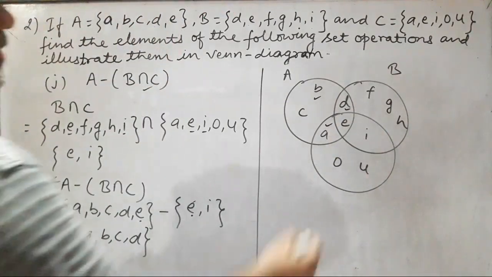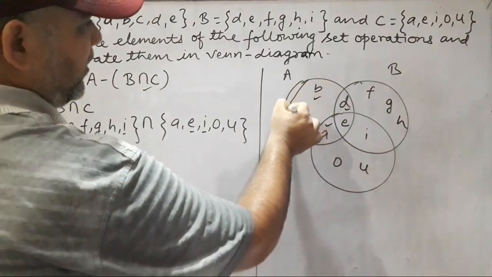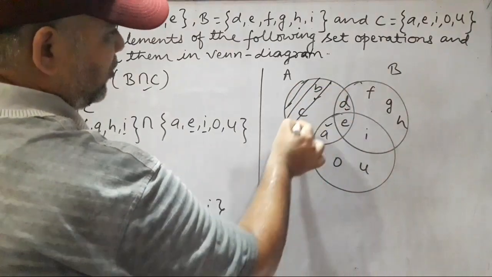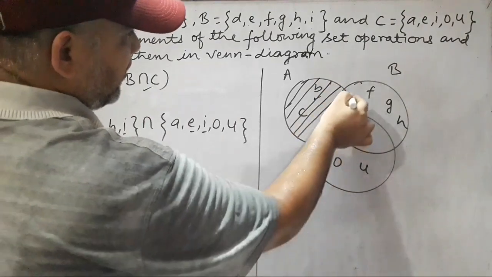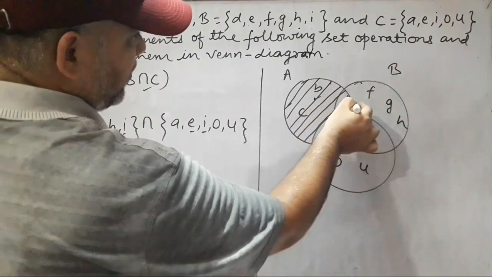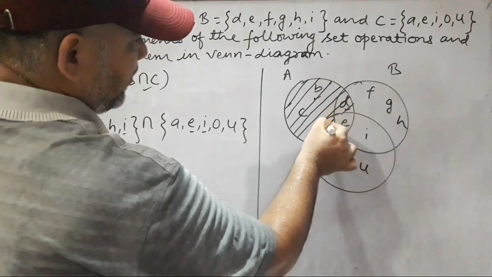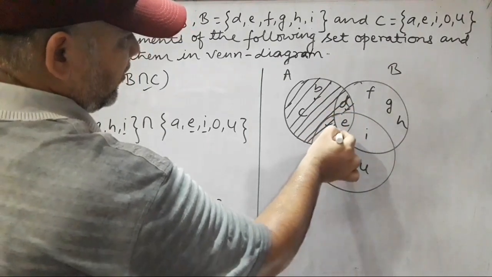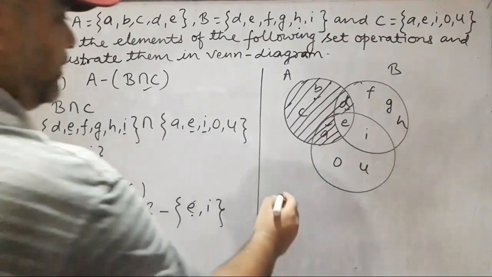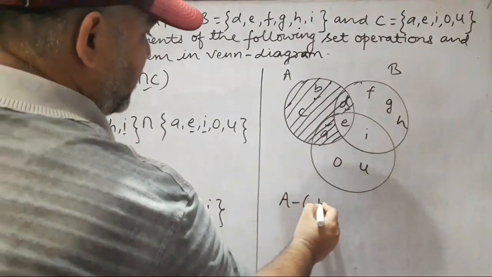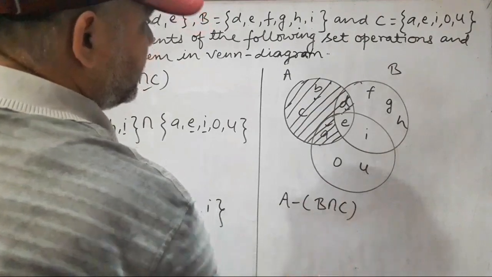We have to shade them. Let's shade slowly, do not enter into other parts. Okay, this part is A minus (B intersection C).